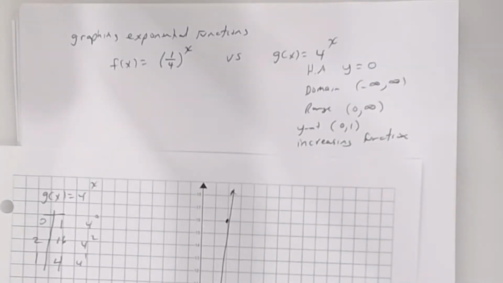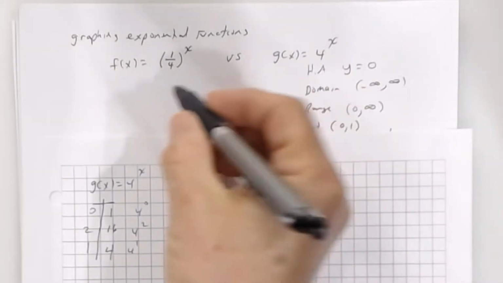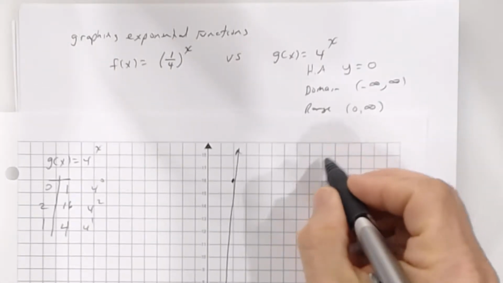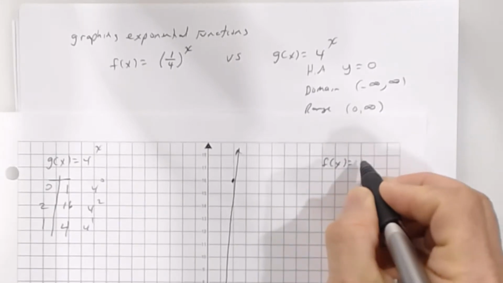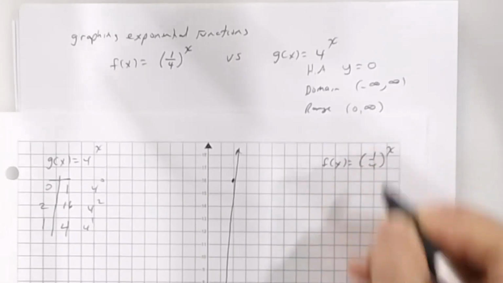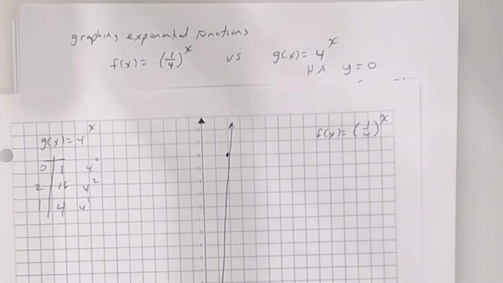Now let's look at f of x. Let's see what happens there. So f of x is 1/4 to the x power. So I'm going to try and use a different color here.